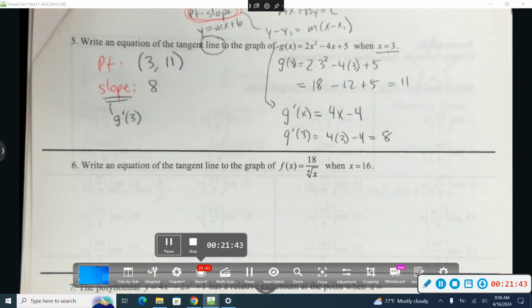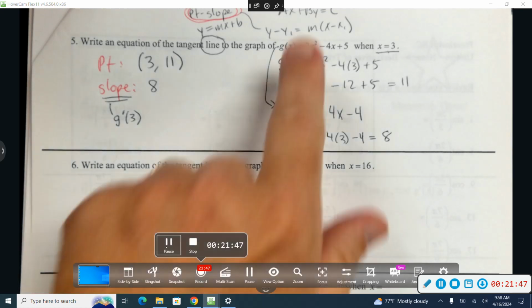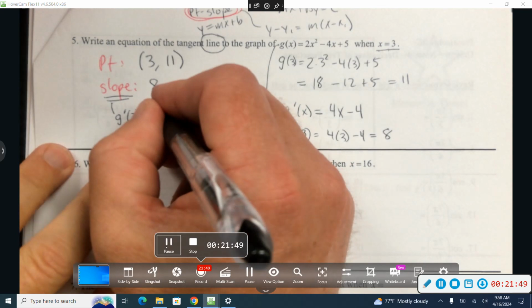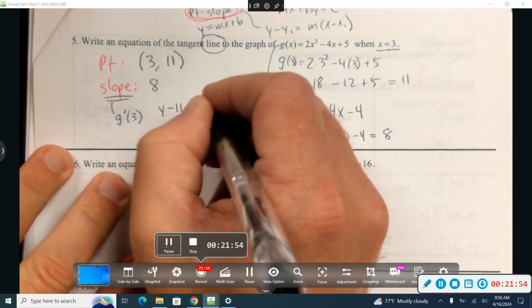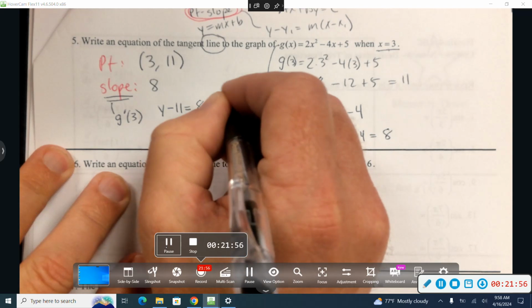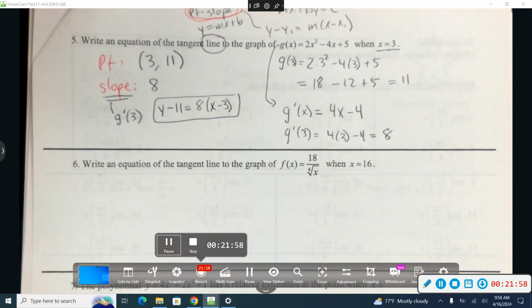So this took some work to find the point. Took a little more work to find the slope. But now I'm ready to use my point slope format. Y minus 11 equals 8 times x minus 3. And because we like that form of a line, we don't have to distribute or move things around. Just leave it in point slope form and we're good.